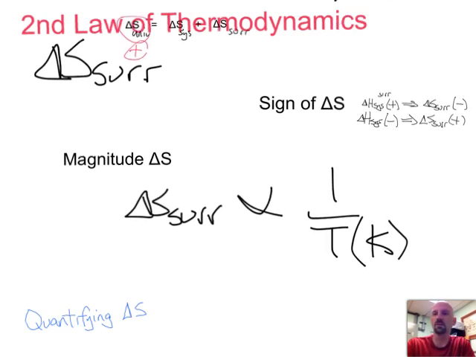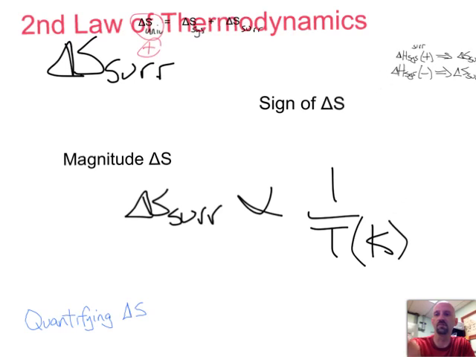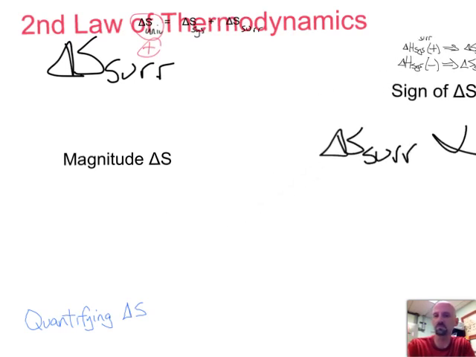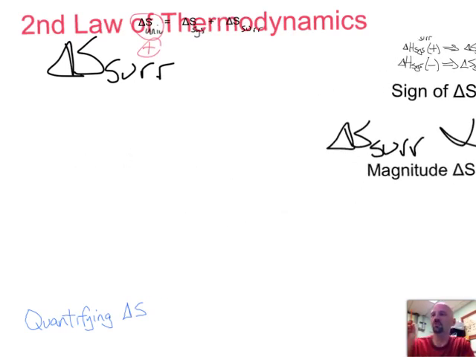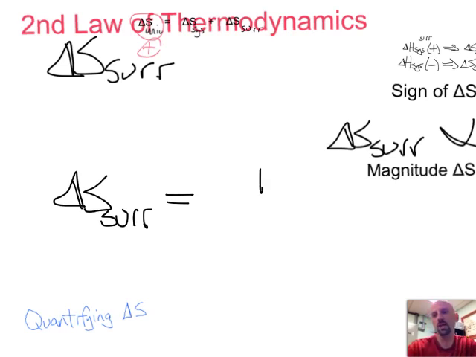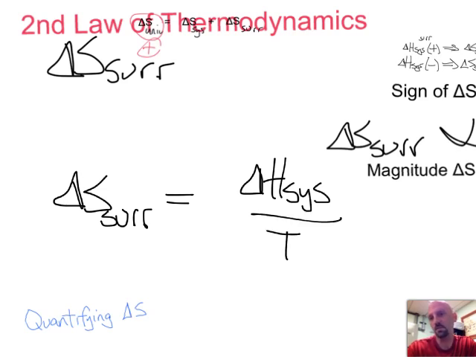All right, so I'm going to clean up a little bit of space here. I need to move some things out of the way. So now I can quantify entropy change for the surroundings. My delta S for the surroundings is going to be equal to the change in the heat for the system divided by the temperature.